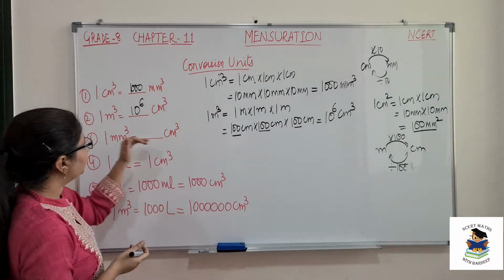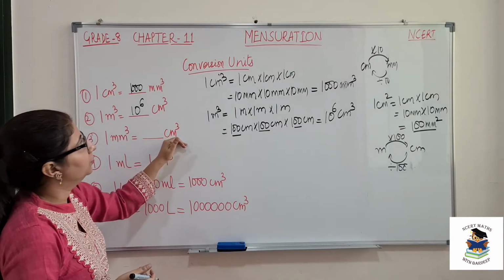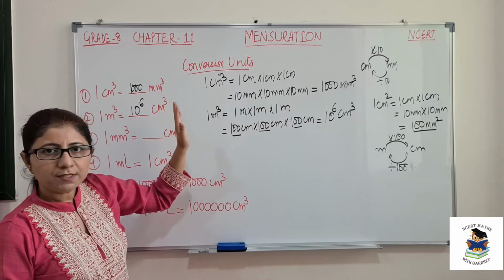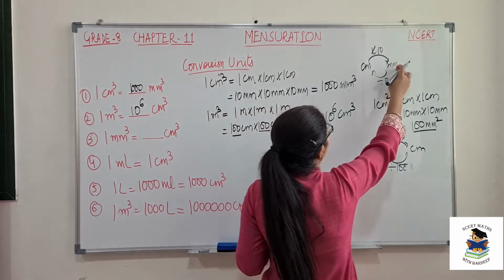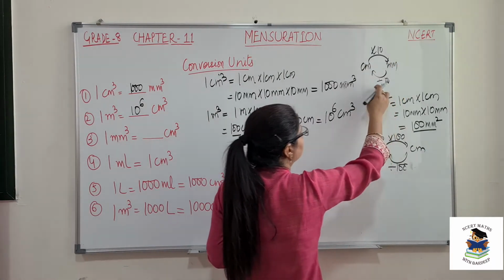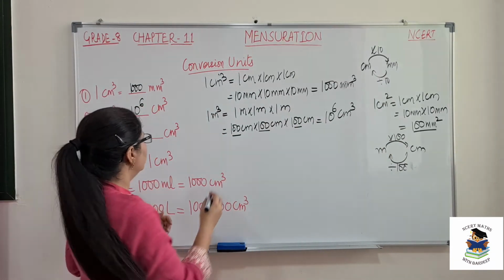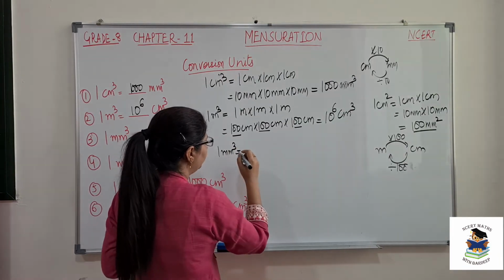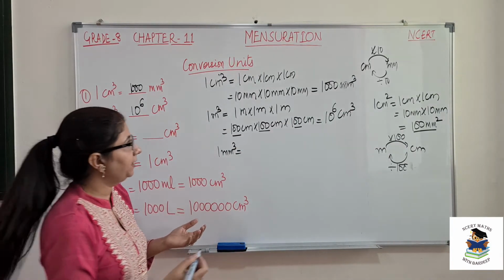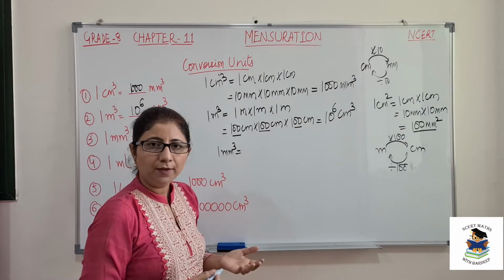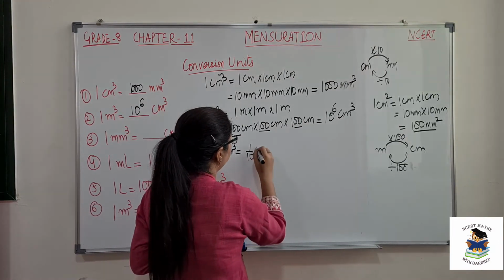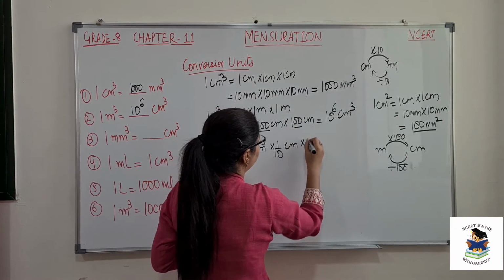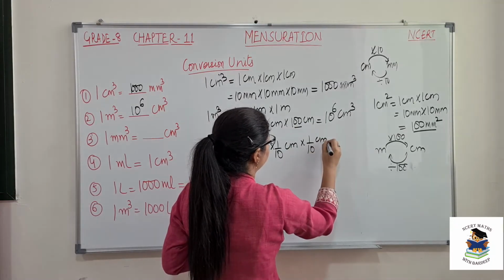Again, 1 millimeter cube to centimeter cube. We have already calculated the other way, so when it is to be reversed, just see, millimeter to centimeter means divide by 10. So 1 millimeter cube is equal to 1 by 10 centimeter, 1 by 10 centimeter, 1 by 10 centimeter.